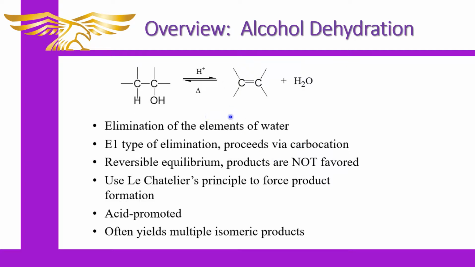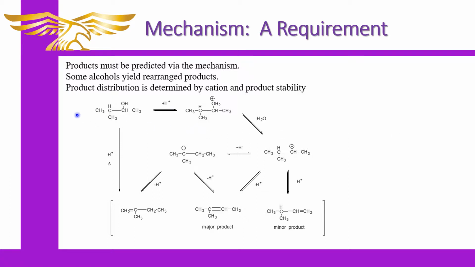And the key to that is remembering that you have to walk through the mechanism, which involves the use of a carbocation. And so each time that you are given a substrate for this reaction, you need to be sure that you go through and actually draw out a mechanism on paper and think about all the different products that are possible to be formed from what is going to happen.